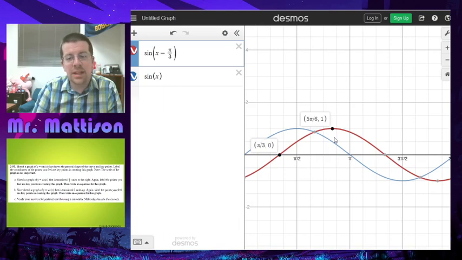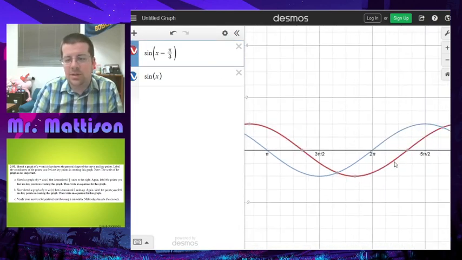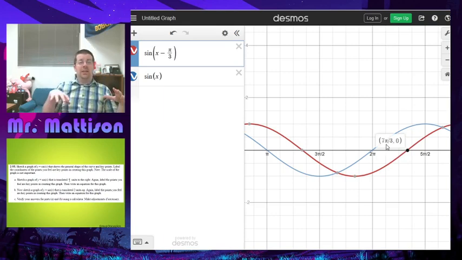Add pi over 3 to pi, I get 4 pi over 3. Add pi over 3 to 3 pi over 2, I get 11 pi over 6. And add pi over 3 to 2 pi, I get 7 pi over 3. So that's how I can find those new points after the translation to the right.